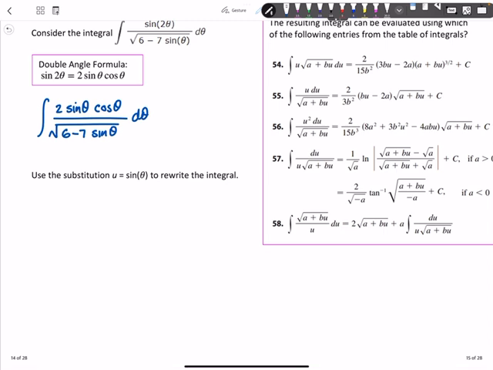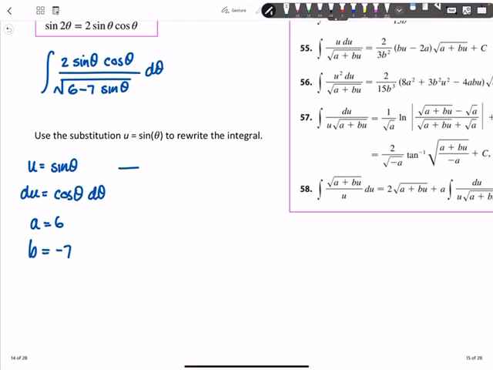So for this problem, I think that the correct thing to do is to let u be equal to sine of theta. So if u is equal to sine of theta, then du will be equal to cosine of theta d theta. For this problem also, I'm going to let a be equal to 6, and I'm going to let b be equal to negative 7.